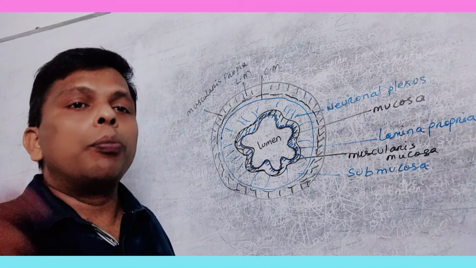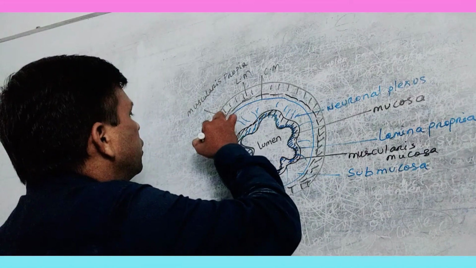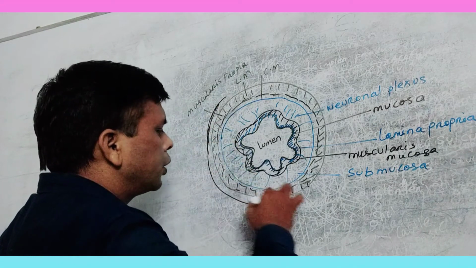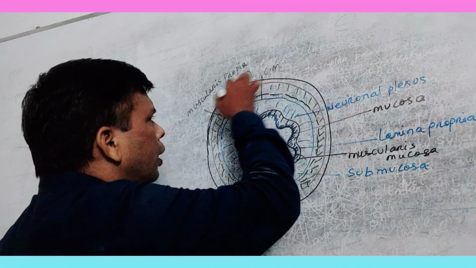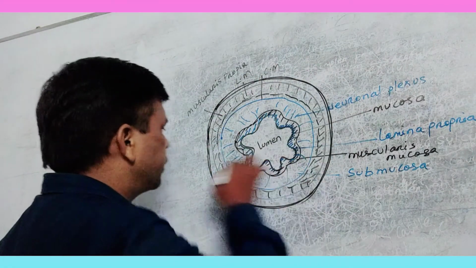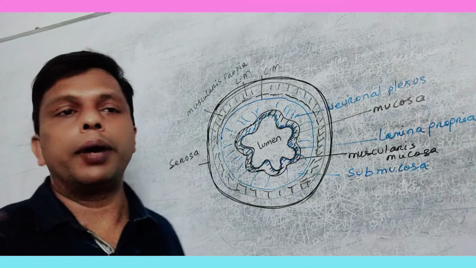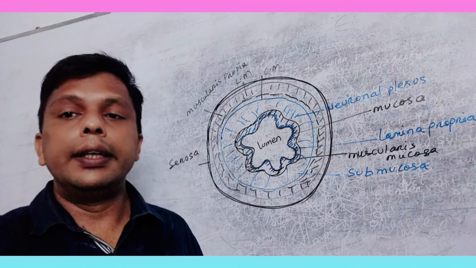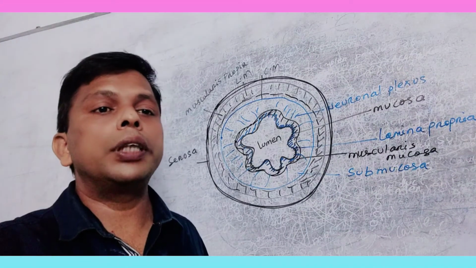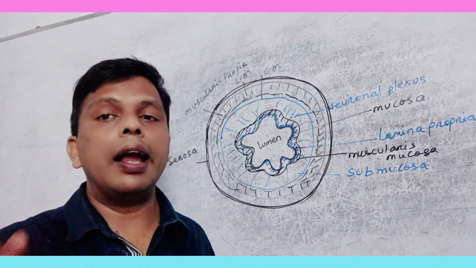Then the outermost layer, outside the muscle, is the serosa. What is its function? It is a partition. The serosa forms a partition between the organs and the alimentary canal.